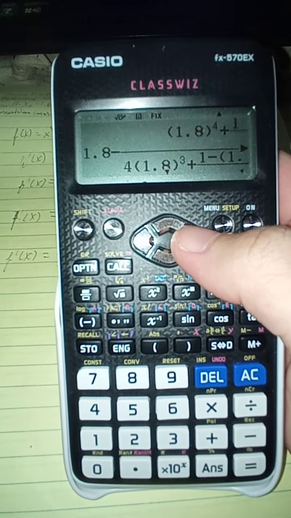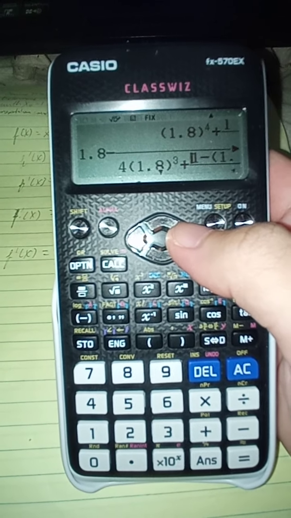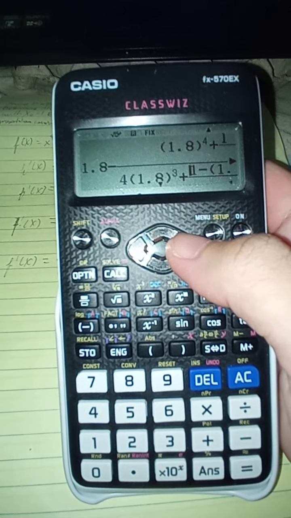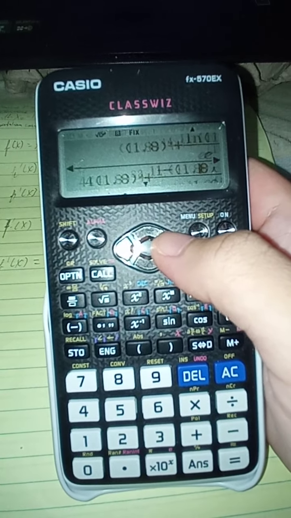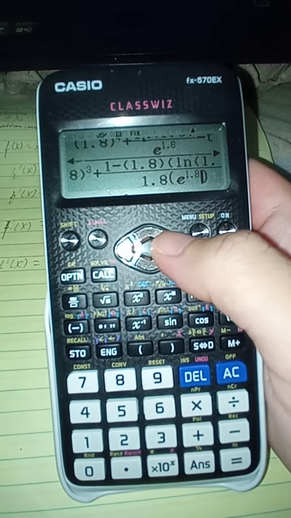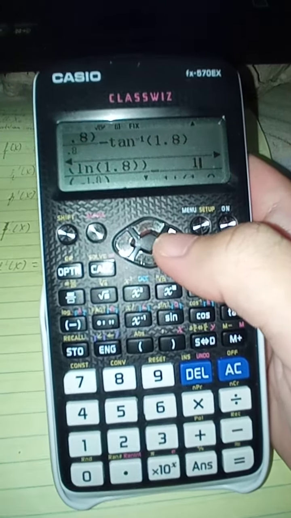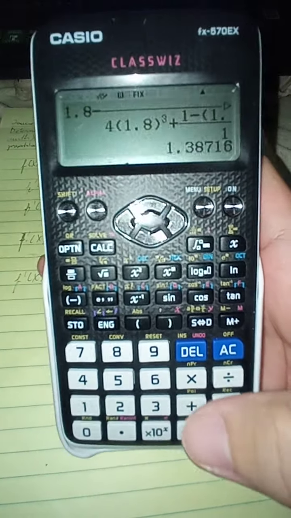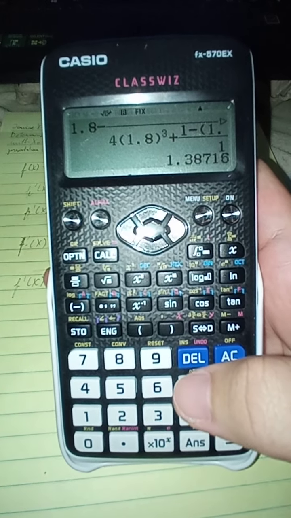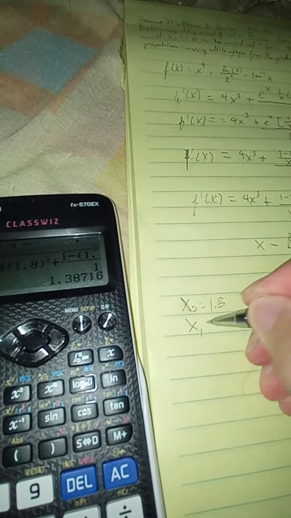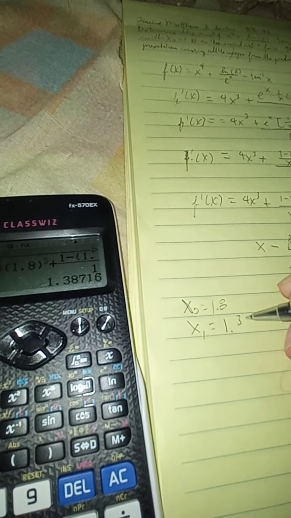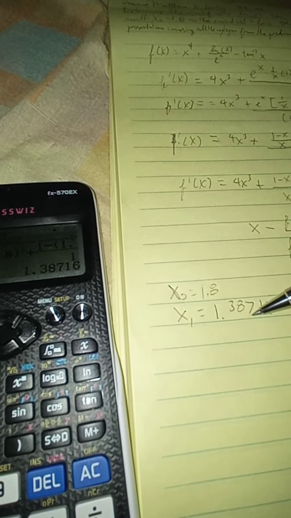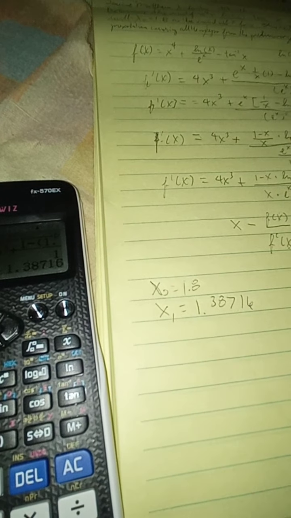As you can see, we already inputted the equation and substituted the value of x. Now the value of the first iteration is 1.38716. Now we will just repeat the process and use this as the value of x.